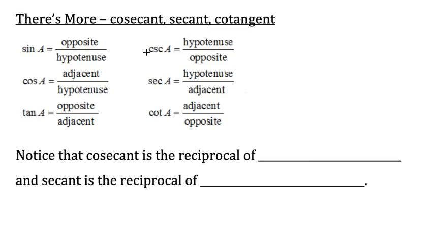So we have cosecant, secant, and cotangent, the reciprocals of sine, cosine, and tangent. Now, notice that cosecant is the reciprocal of sine, and secant is the reciprocal of cosine. It's a little confusing because the first letters don't match up. But then the cotangent, that one is easy to remember.